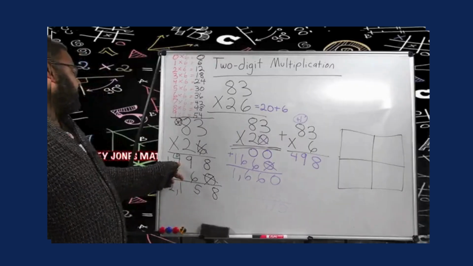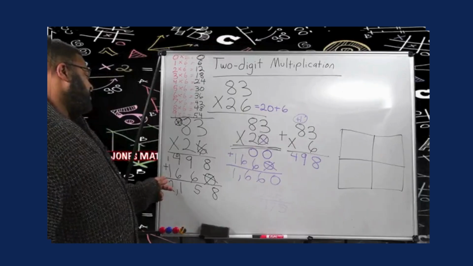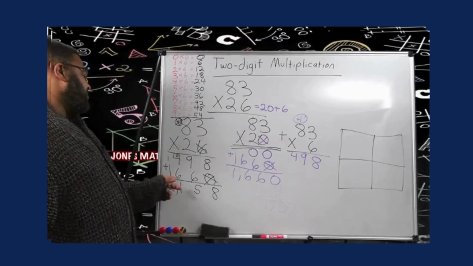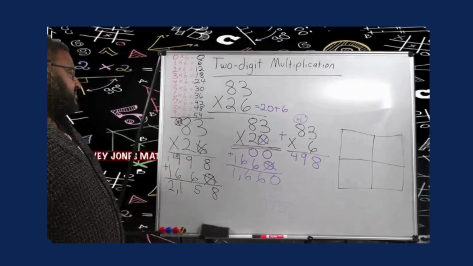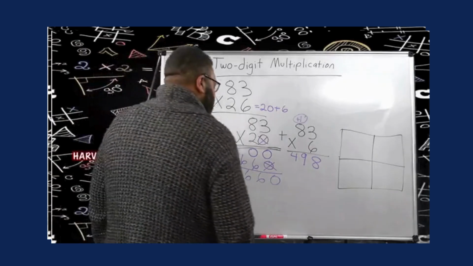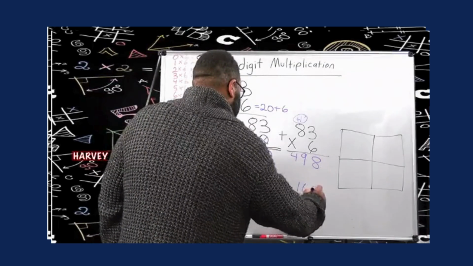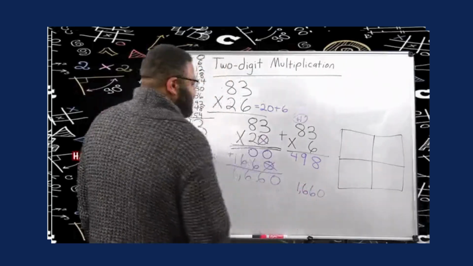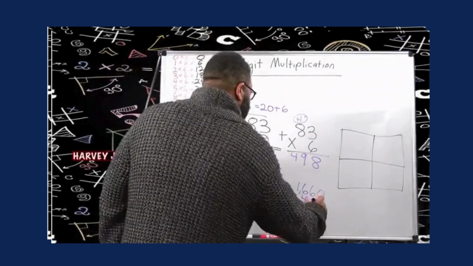So I'm good. 498, check. 1,660, check. And what I'm going to do now, I'm going to add these two up right here. 1,660 plus 498.